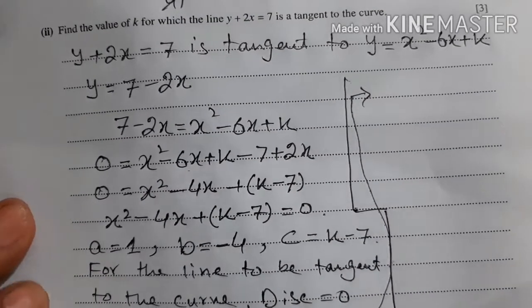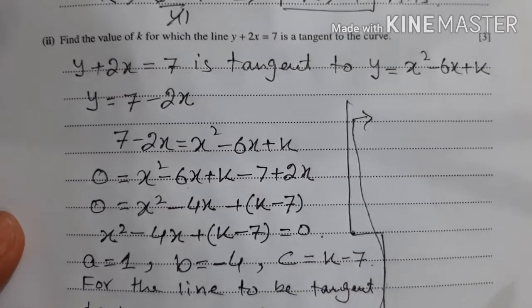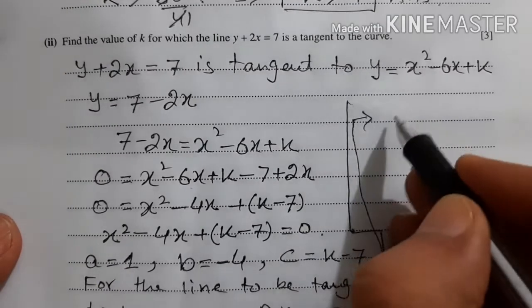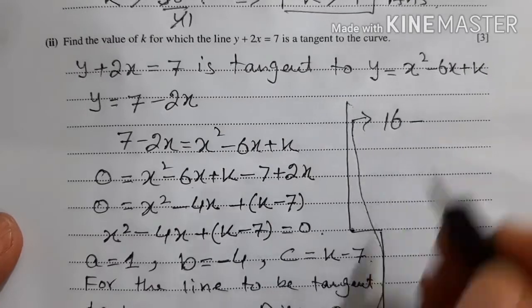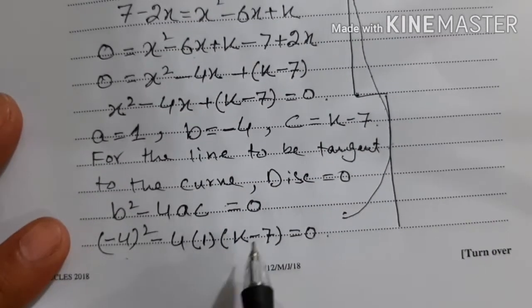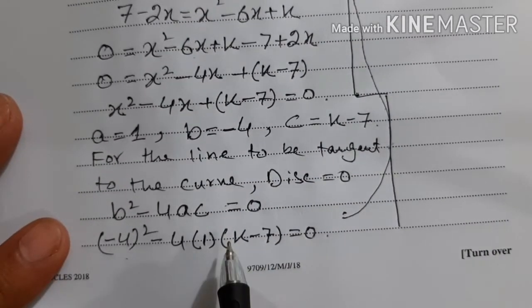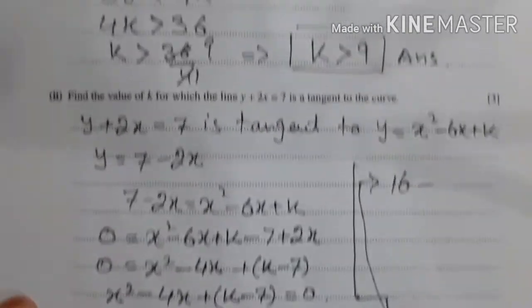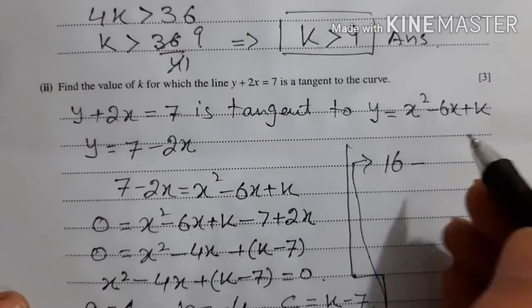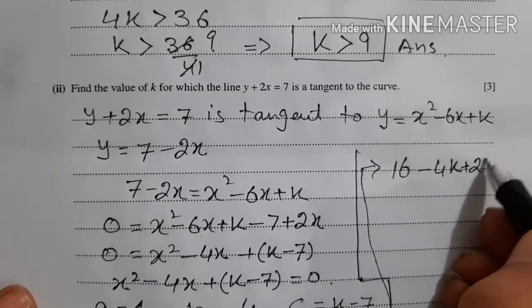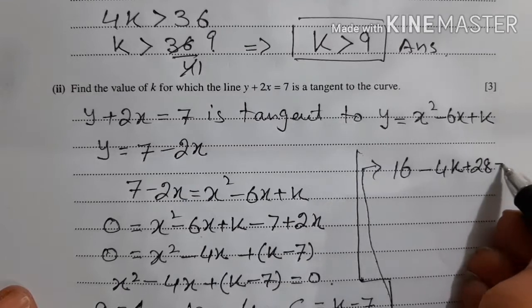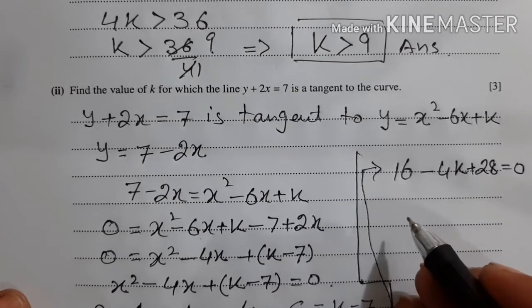This will become minus 4 square is 16 minus, this will become minus 4k plus 7 4s are 28. So minus 4k plus 28 equals 0.